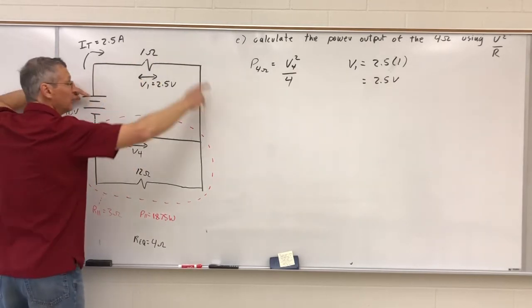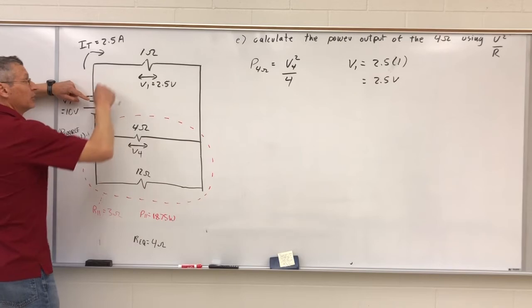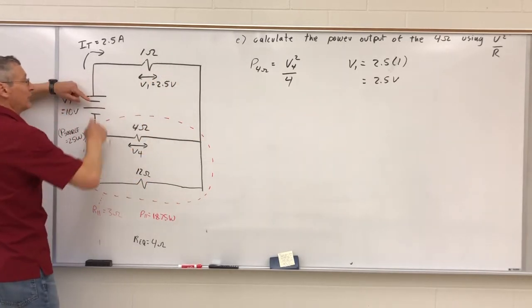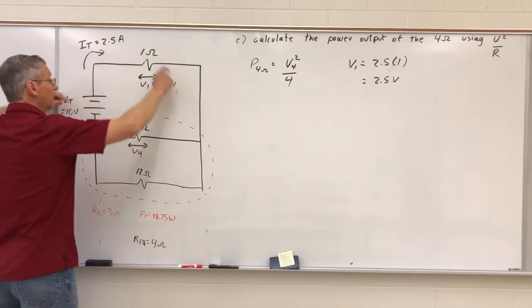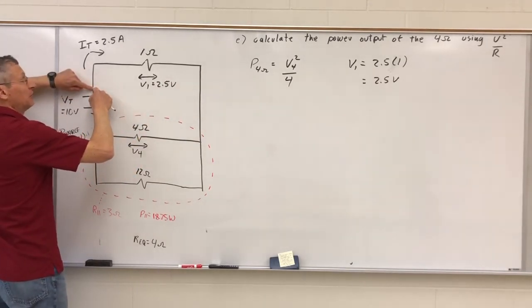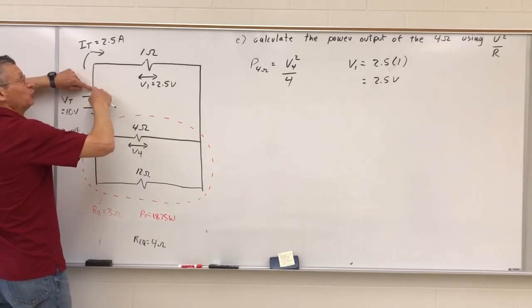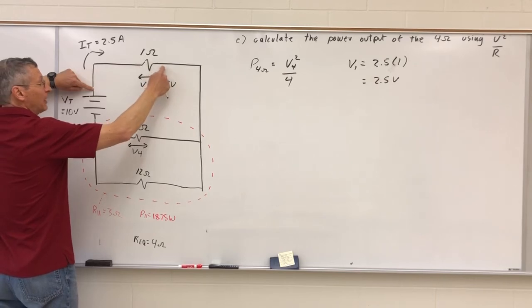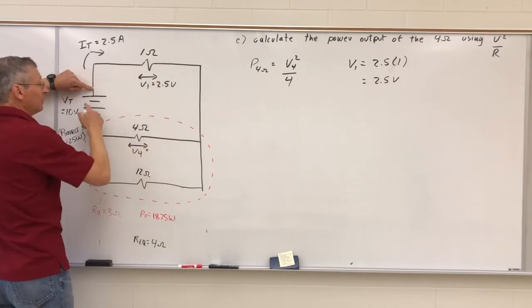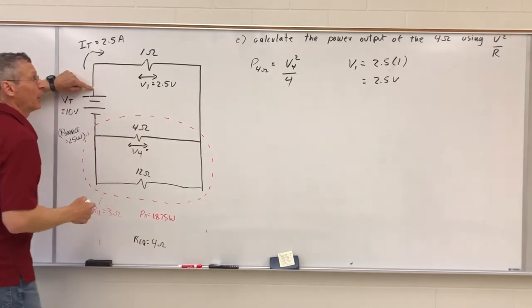If you're an electron, you can travel around this circuit, or you can travel around this circuit. So let's suppose we're an electron and we're traveling around this circuit. You got an increase of 10, that means you got a decrease of 10. If you gain 10 here, that means you got to lose 10 in total. If you're losing 2.5 here, when you come around here, you got to be losing 10 take away 2.5.